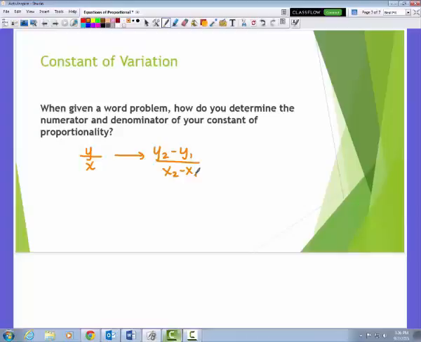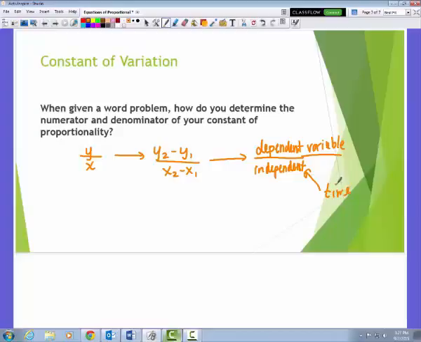But the important thing is going to be this, more so than that equation. Our dependent variable, which is also kind of a long word, will be divided by our independent variable. A lot of times our independent variable will actually be time.